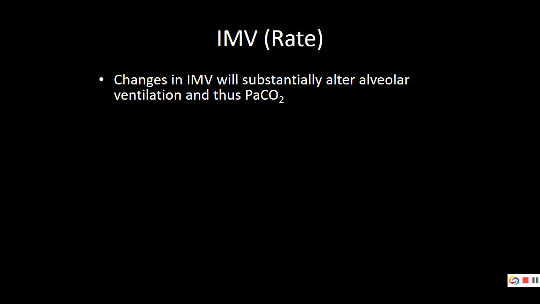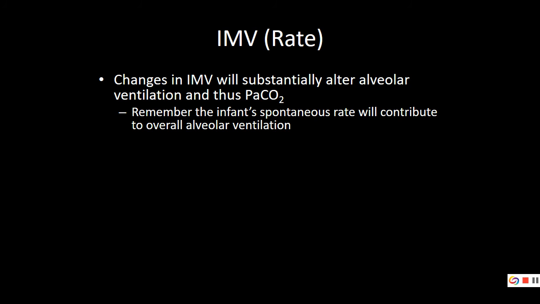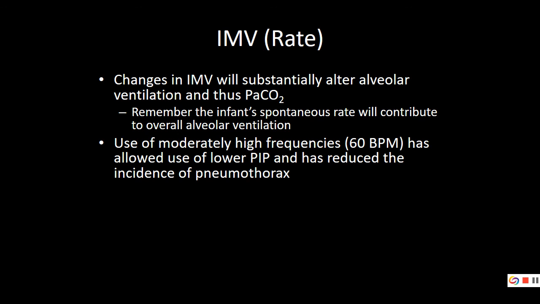Because remember, carbon dioxide elimination is your ventilator rate times your tidal volume minus the dead space. The other important thing to consider about CO2 elimination is that we want the baby to spontaneously breathe the majority of the time. And that's going to contribute to the baby's overall alveolar ventilation.